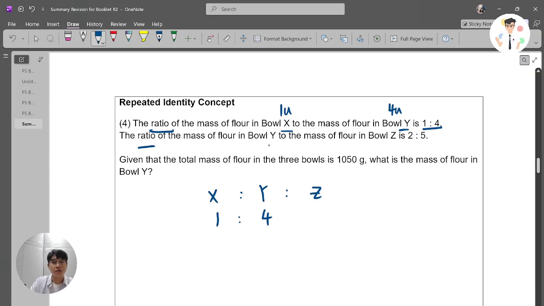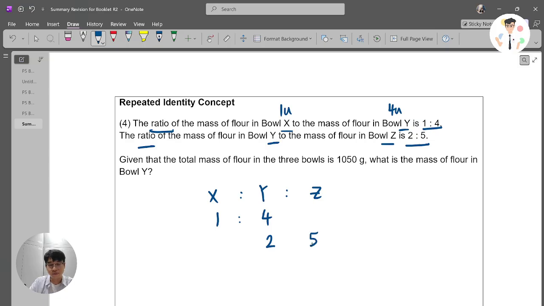Now, the ratio of the mass of Y to Z is 2 to 5. So Y here is 2, Z here is 5. Now you should notice that we're referring to the same Y, but why are there two different numbers here? These two numbers are supposed to be the same, but they are not, so you're supposed to make them the same.